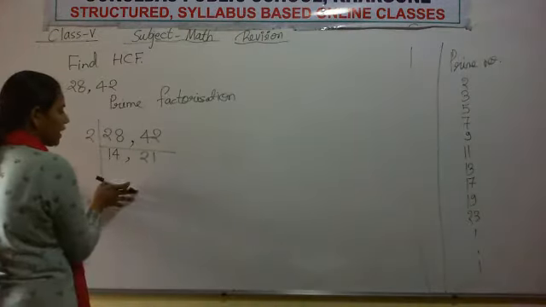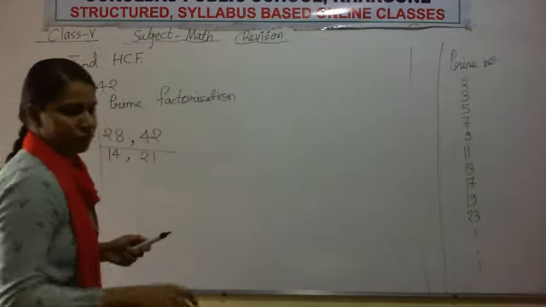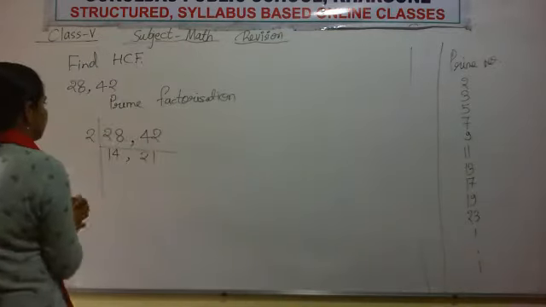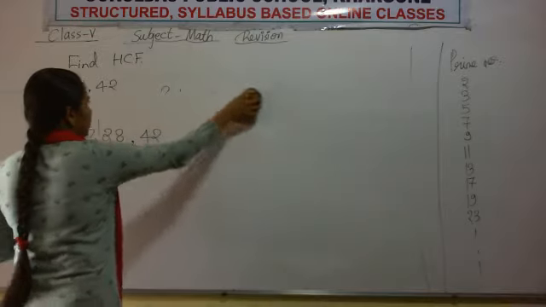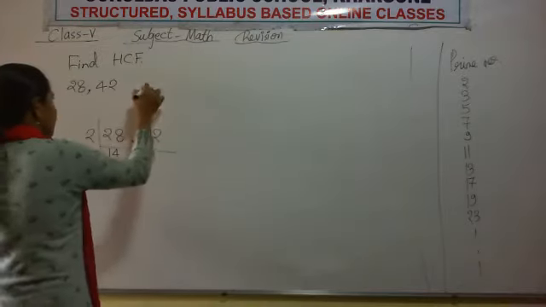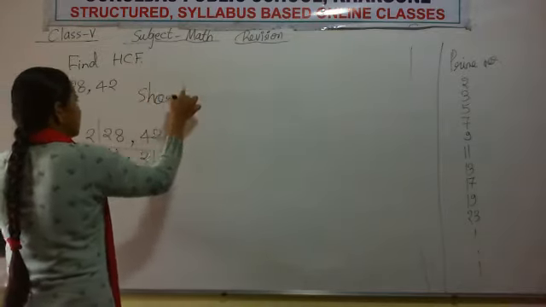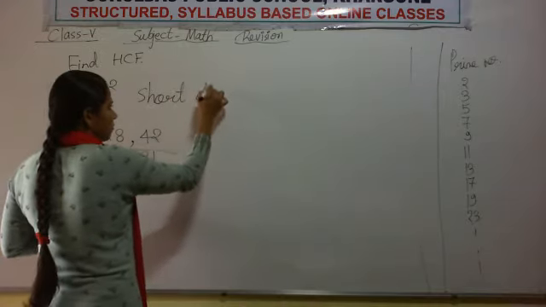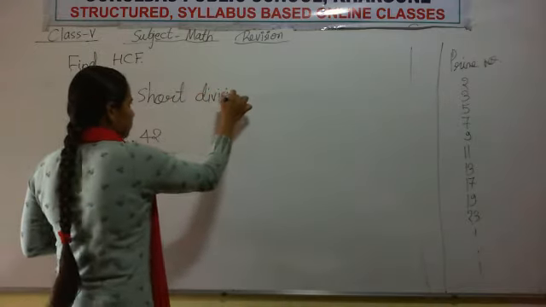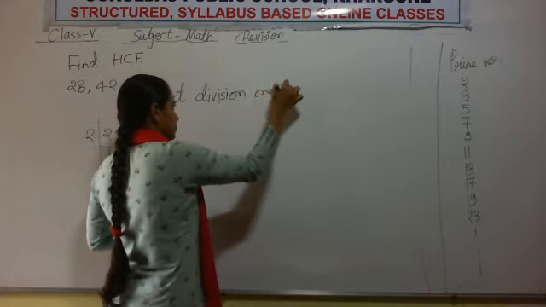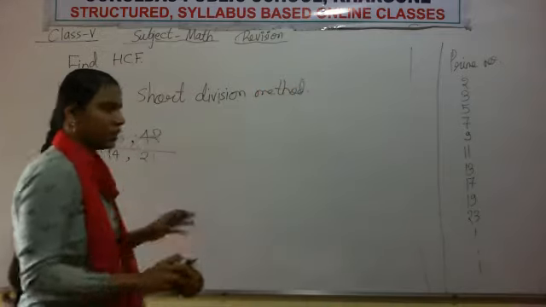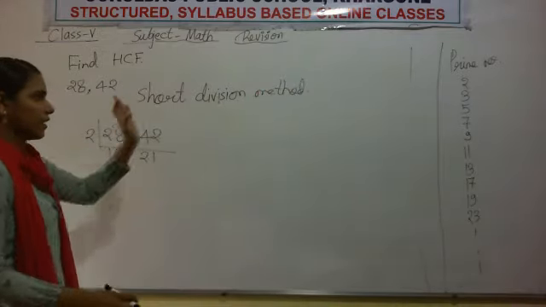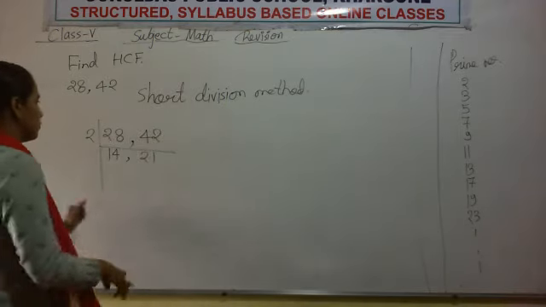We will keep dividing this. It is the short division method I am solving, as it is easier. In the short division method also we will use prime numbers only to divide.